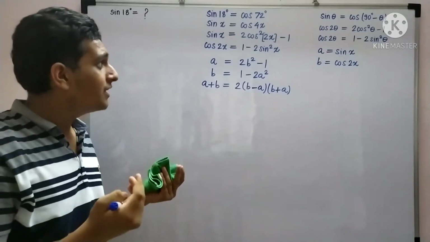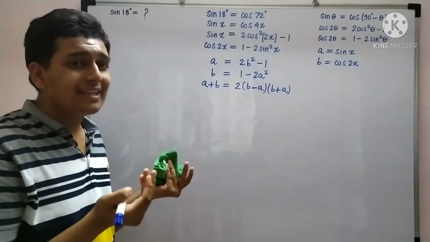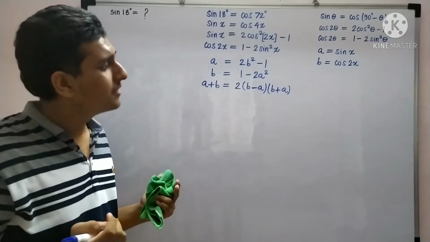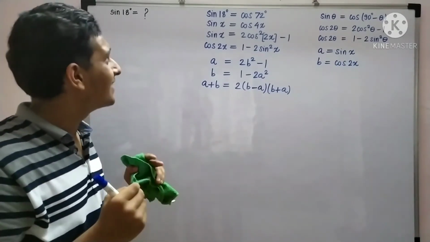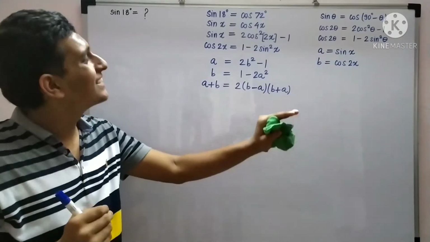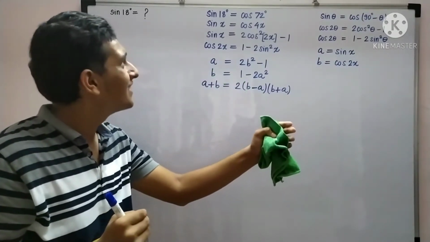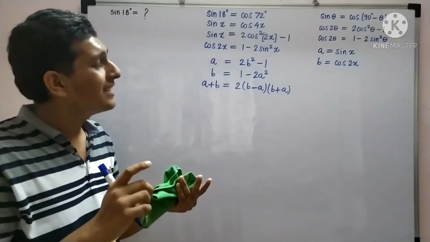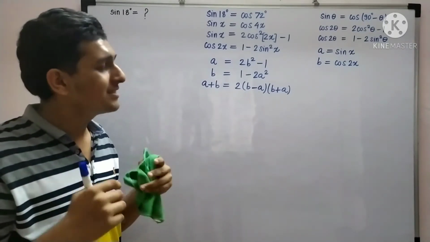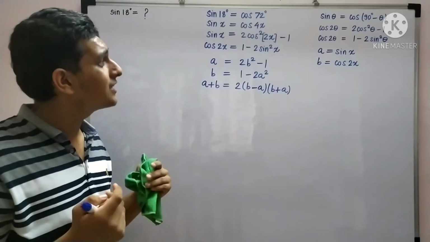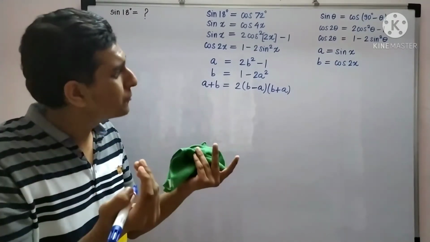Because a and b stand for sin x and cos 2x respectively, and sin x is the same as sine 18 degrees, and cos 2x is the same as cos 36 degrees. Because both the angles lie in the first quadrant, sine 18 and cos 36, that is sin x and cos 2x, both hold positive values.